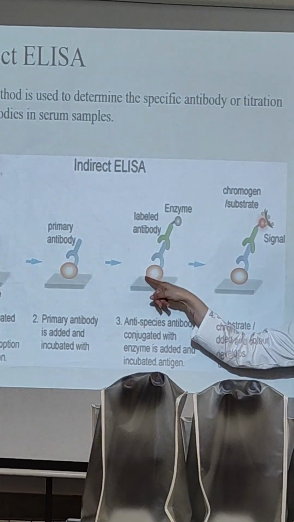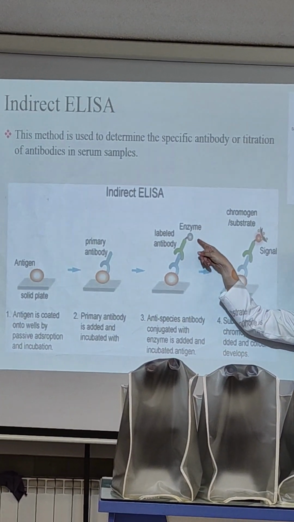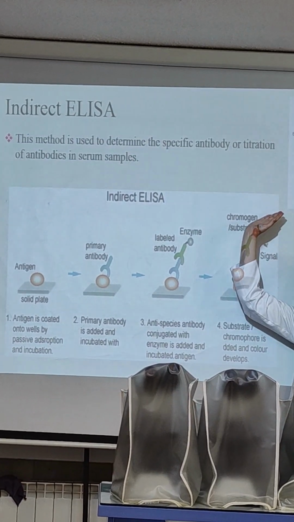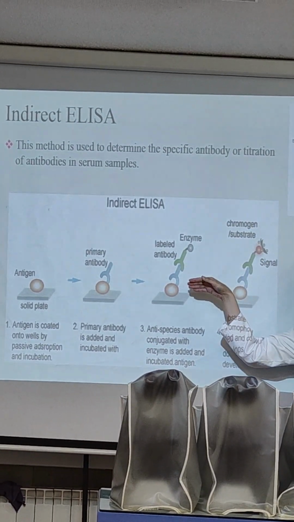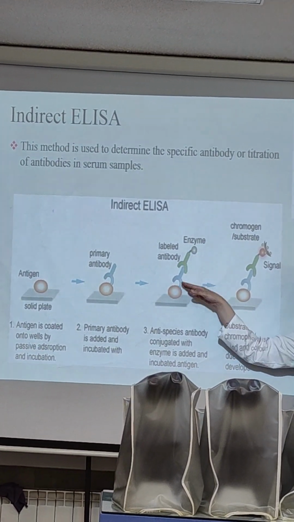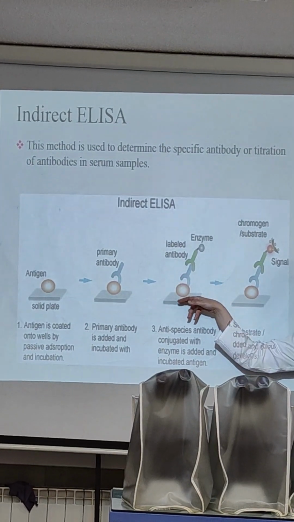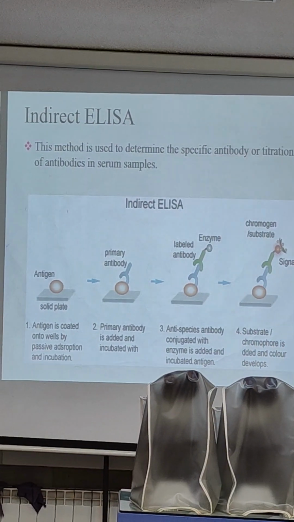As you can see here, again, this is the immune complex. Where is the tracer? Outside of the immune complex. Whenever the tracer, I mean the enzyme, is completely apart from the immune complex, it is known as indirect.